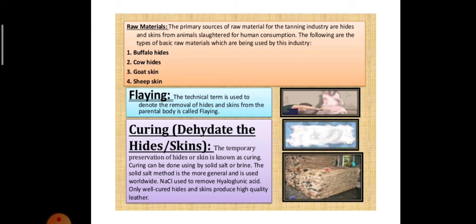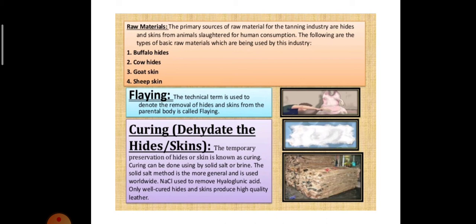The inside of the hide or skin of a living animal contains bacteria and other microorganisms, which are controlled by the metabolic defenses of the animal. When the animal is killed, what will happen automatically? The process of decay starts immediately.